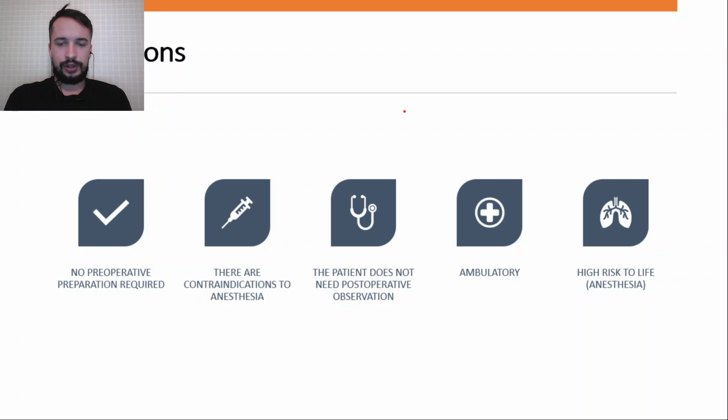All local anesthesia is done on an outpatient basis, in ambulatory, because when we talk about local anesthesia, we don't talk about many techniques or many machines, just a syringe, just a drug, and just the surgeon's arm.